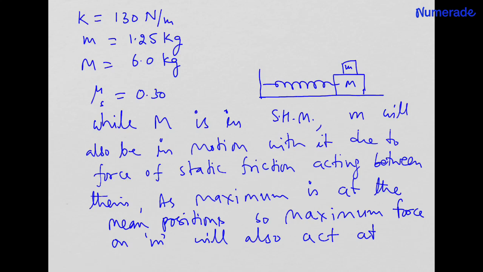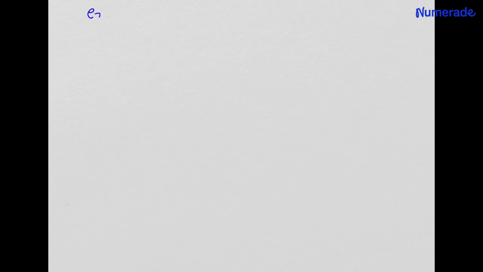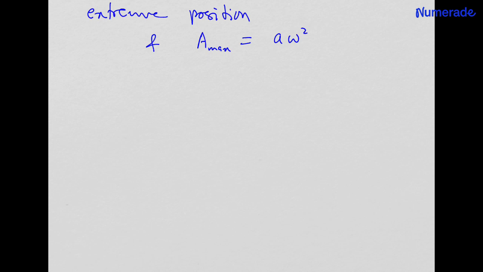Sorry, not at the mean position, it should be at extreme position. So maximum force on m will also act at extreme position. And as acceleration a max will be given by A omega square, taking its magnitude only. A is the amplitude which is missing.